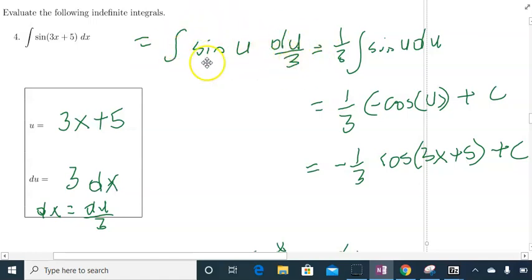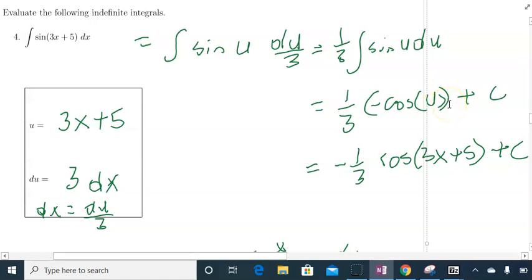By our constant multiple idea, we can pull the 1/3 to the left of the integral sign, so it becomes 1/3 integral sine of u du. The integral of sine was negative cosine, so this is equal to 1/3 negative cosine of u plus c.